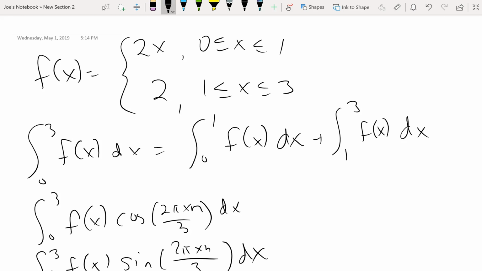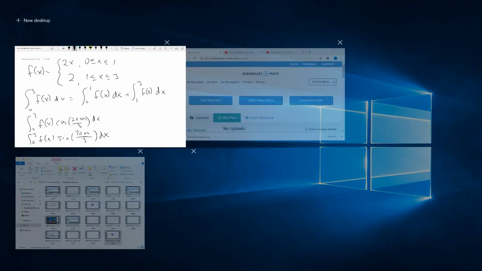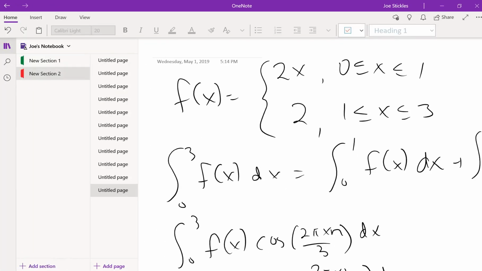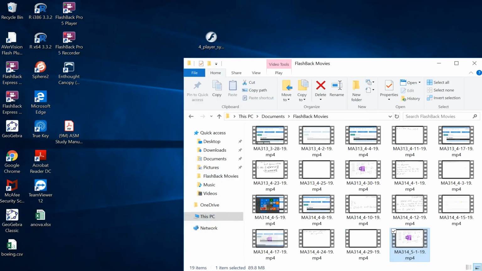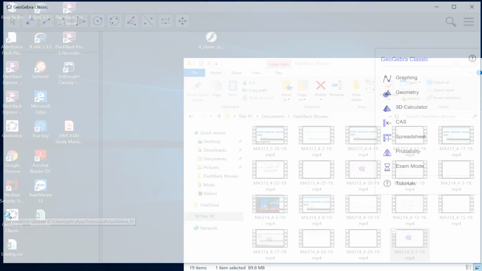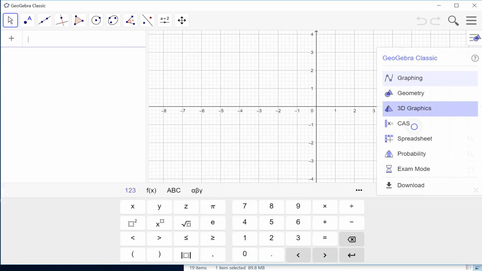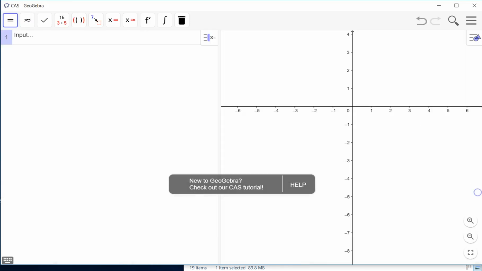So let's pop over to GeoGebra to do that. Let's get GeoGebra opened. Here we go. Remember again, for GeoGebra, I want to select the computer algebra system, not the algebra window, because I want to do this in terms of n to start with, and then get the graph going.